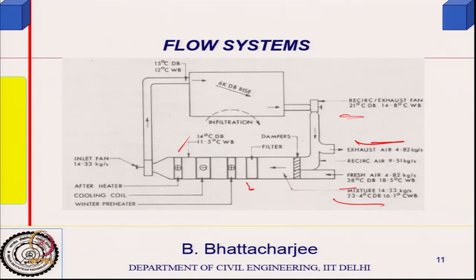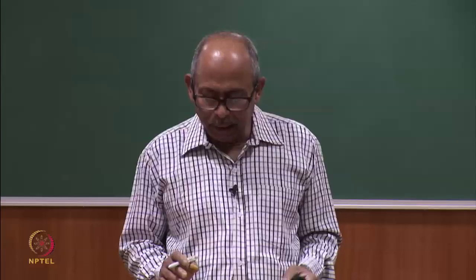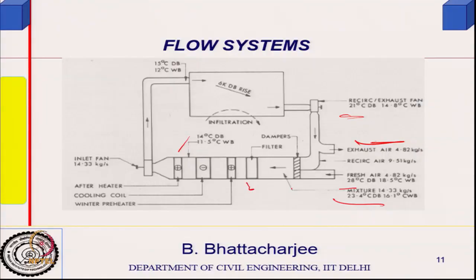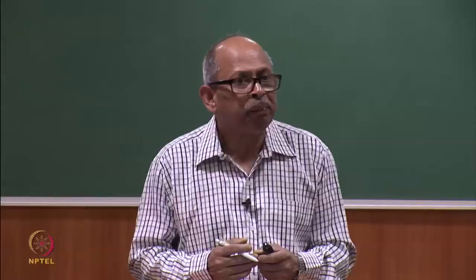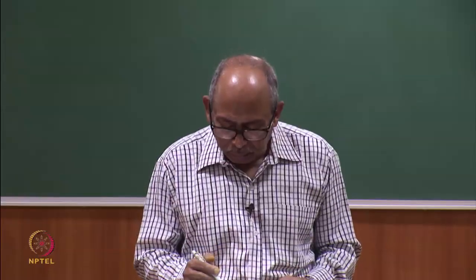Now, this difference governs the moisture content of the air itself. So, you mix them up, and depending upon the proportion you mix, the temperature might be somewhere in between 28 and 21, depending on the proportion of fresh air and recirculated air.